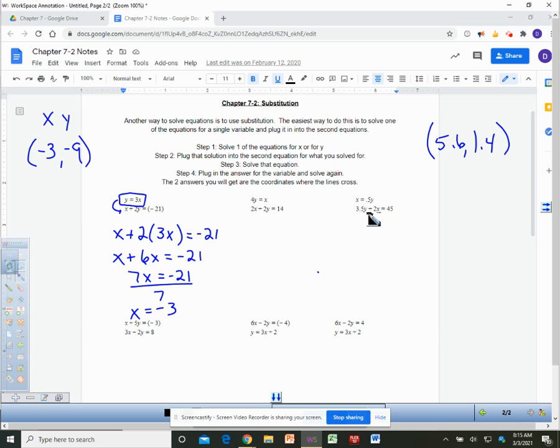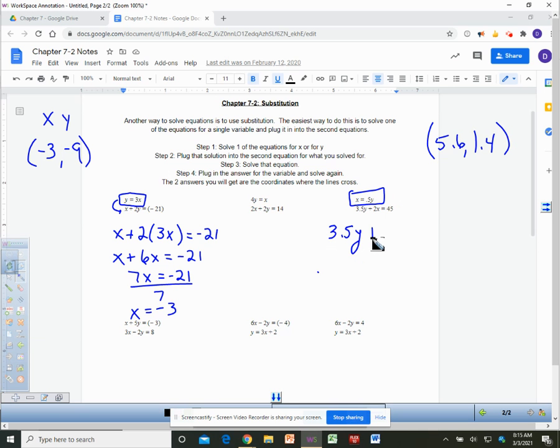Okay, so we look at the next one. I need one of the equations to either say x equals or y equals. Do I have that? Yes. Okay, right here. x is 0.5y. So what I'm going to do is every time I see an x, what am I going to change it to? 0.5y. There you go.